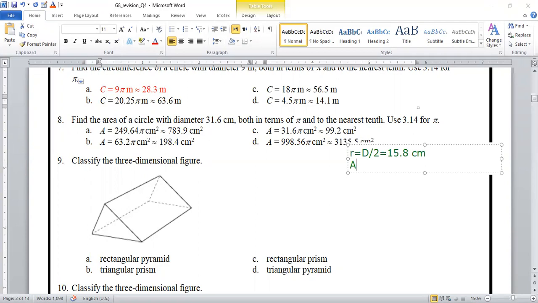The area of the circle equals pi r squared.